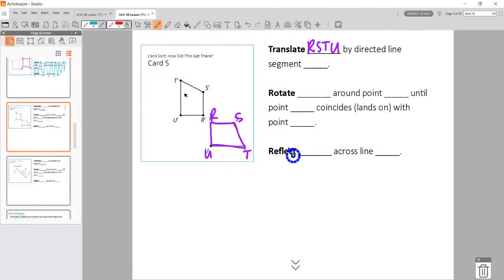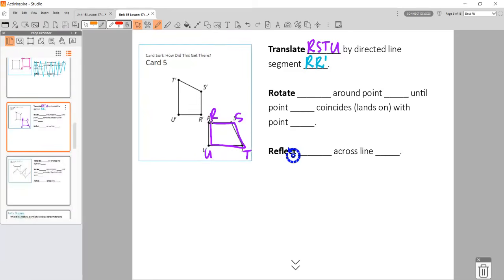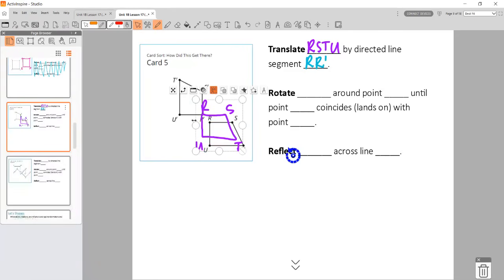So pick which letters you want to get on top of each other. And so I'm going to match R to its image of R prime. So I'm going to grab this shape and I'm going to move R to be on top of R prime. And now I only have R matched, so we have to keep going.